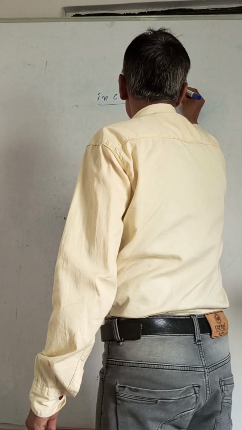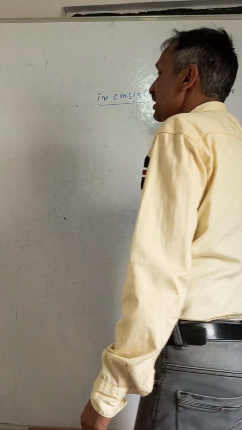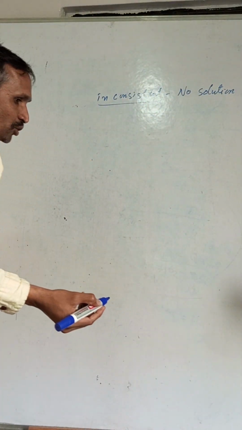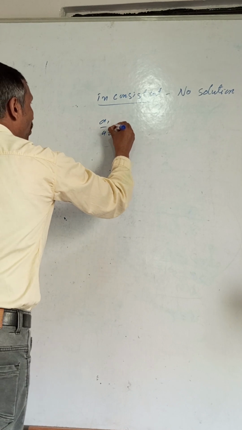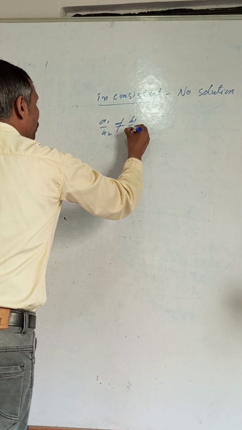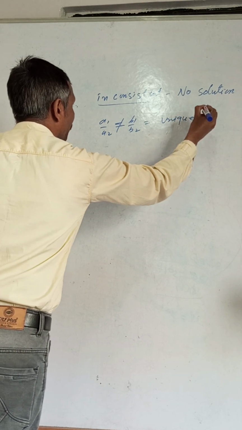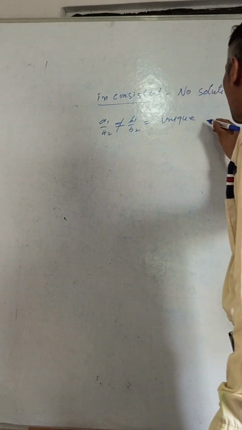Inconsistent means there is no solution. Consistent means there can be a solution, maybe a unique solution, maybe many solutions. Unique solution is when a1 by a2 is not equal to b1 by b2. Only one solution will come, and in the graphical representation it will be intersecting lines.